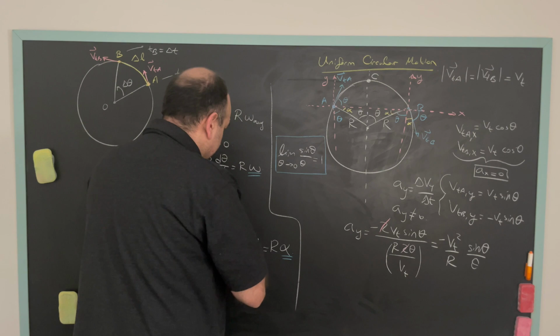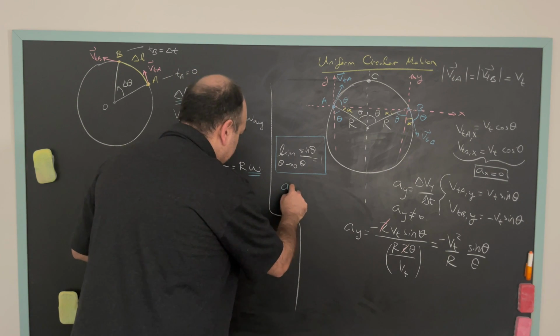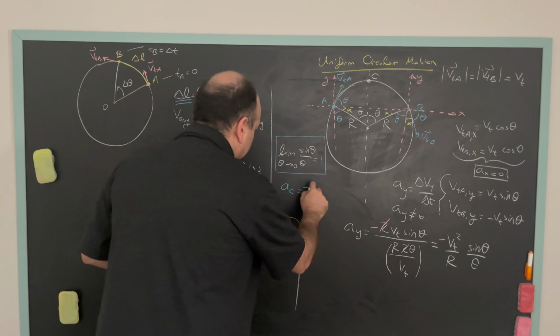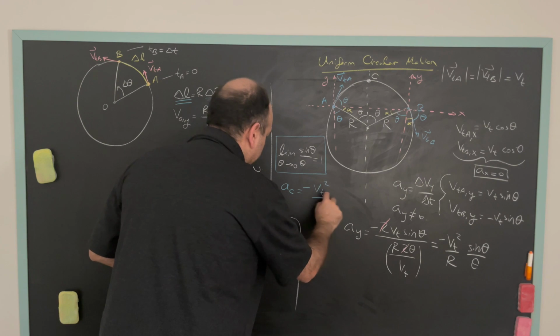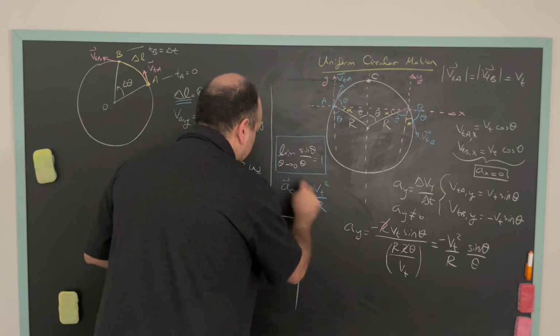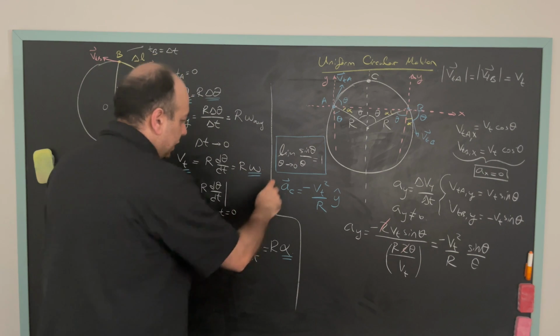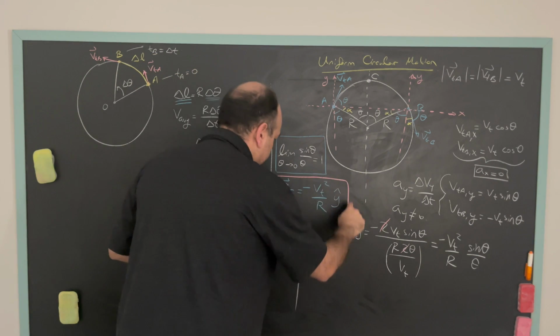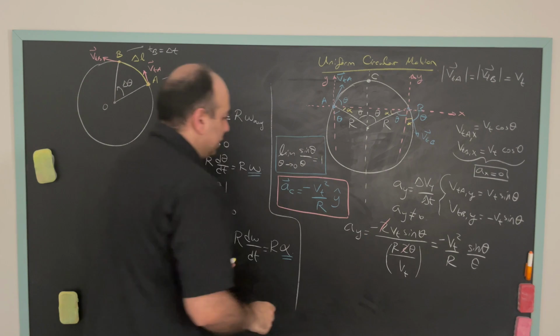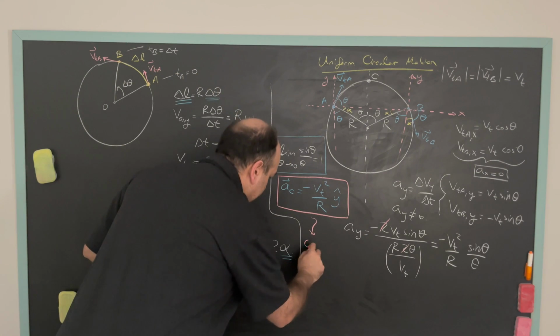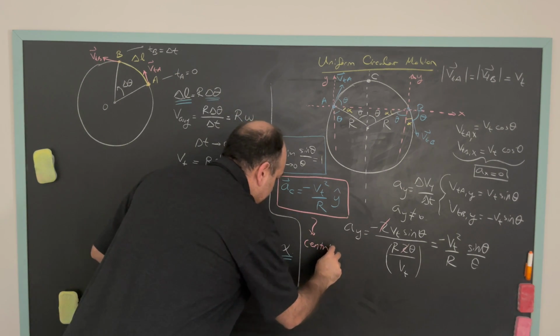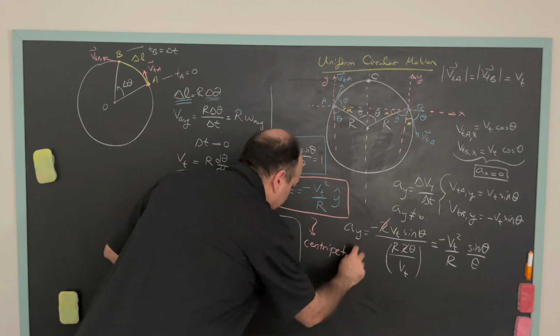So the acceleration at point C is simply equal to minus v tangential square over r y hat. Because this is the y component, right? This is called the centripetal acceleration.